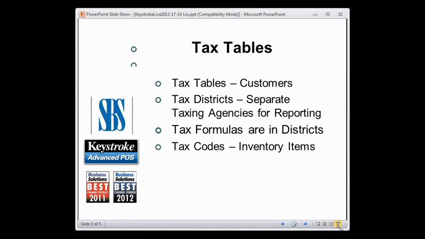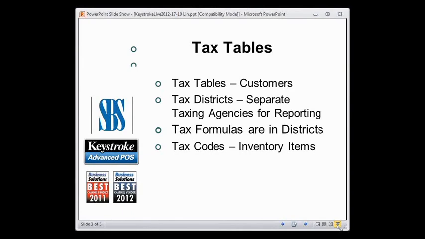So there are tax tables in Keystroke which belong to the customers. Then there are tax districts underneath each of those tables. Those tax districts are separate taxing agencies for reporting.